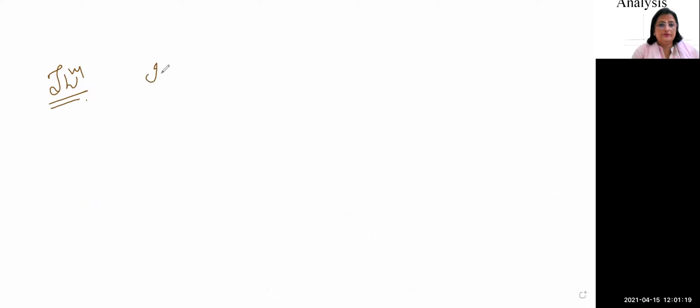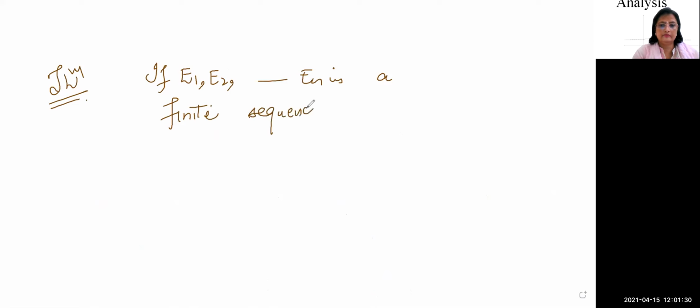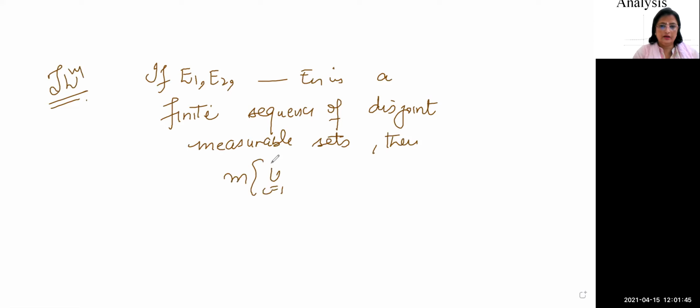If E1, E2, and so on up to En is a finite sequence of disjoint measurable sets, then m of union i running from 1 to n of Ei is equal to summation i running from 1 to n of m of Ei.